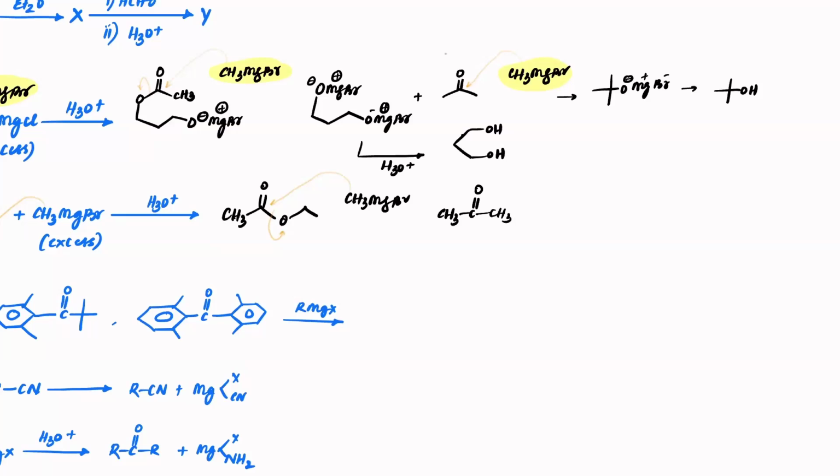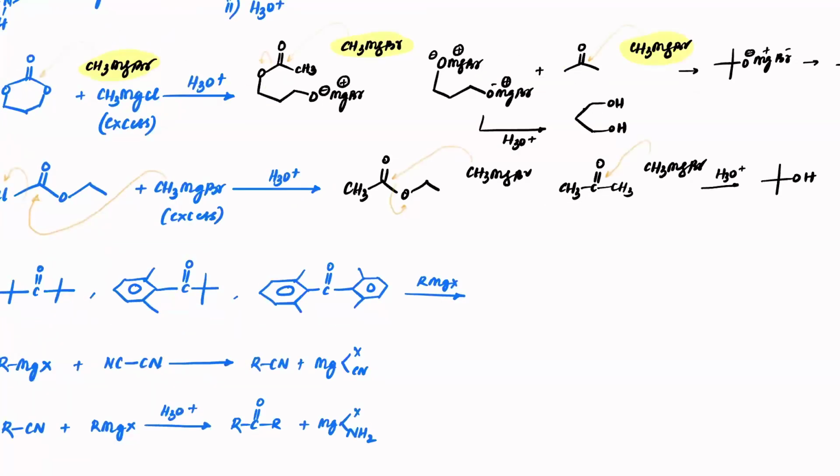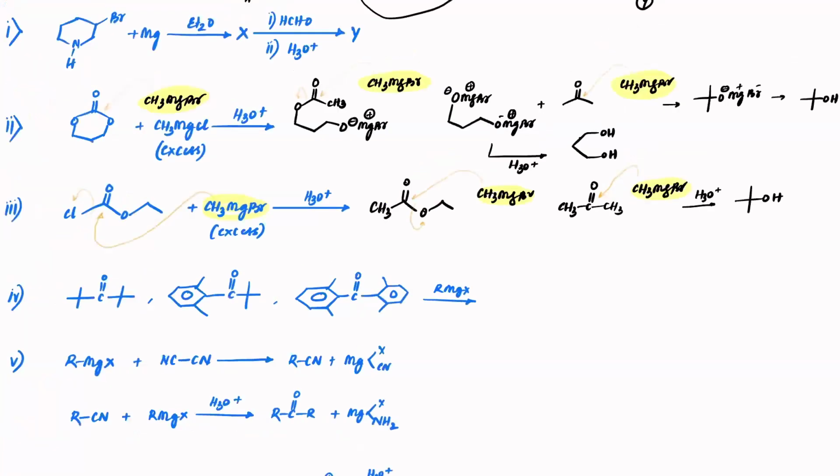And then again the third mole, CH3MgBr, will attack. So again you will eventually get, after hydrolysis, this tertiary alcohol. So here also you will notice that 3 moles have been used. First mole, second mole and third mole. So after 3 moles you will get this product.